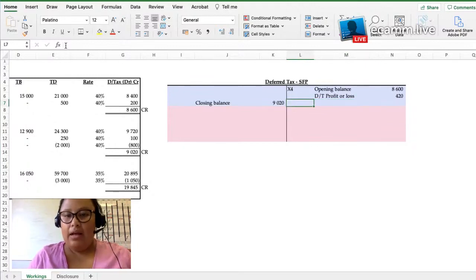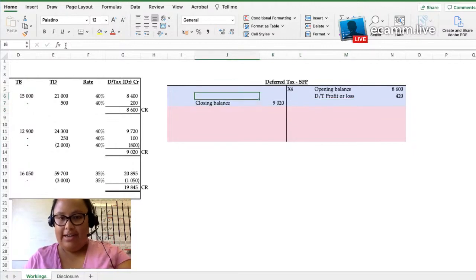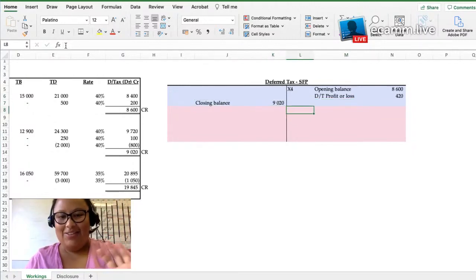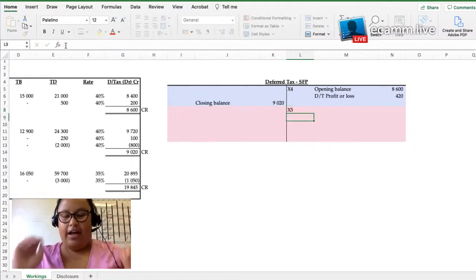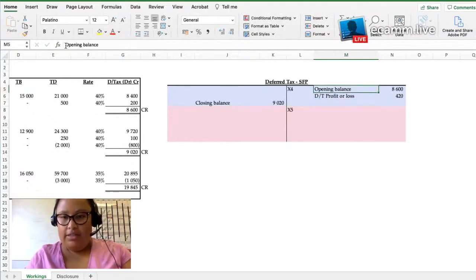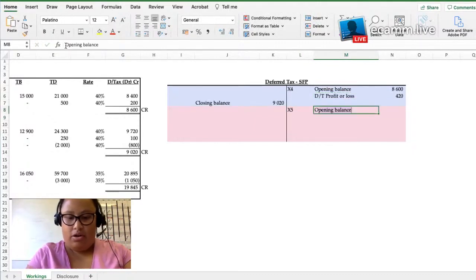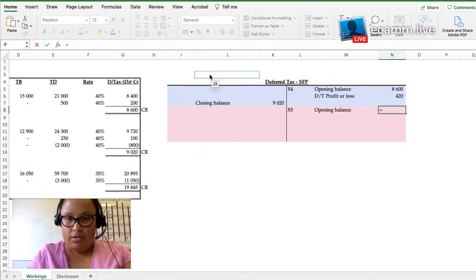Now next year, you can see I've got the different colors here for the years. So this year we're looking at X5. We've got an opening balance of that over there.